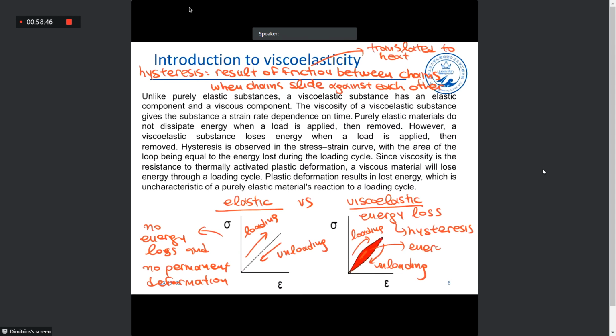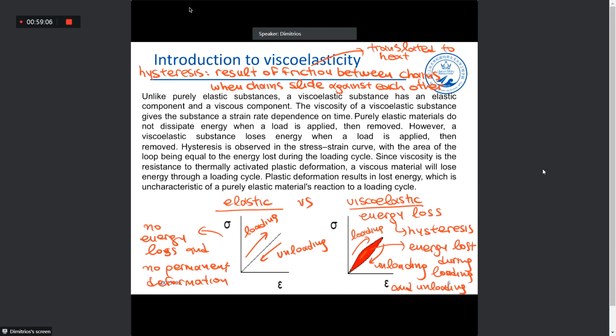During loading and unloading. Okay, so polymers as viscoelastic materials generally display hysteresis cycles, okay?